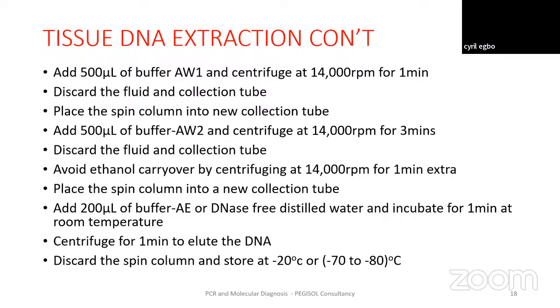Depending on the concentration of the DNA that you intend to get, that is equally a function of the volume of elution buffer that you are going to add. If you need a more concentrated DNA, you are going to use less of the elution buffer, which means you may use 100 or 50, as the case may be.